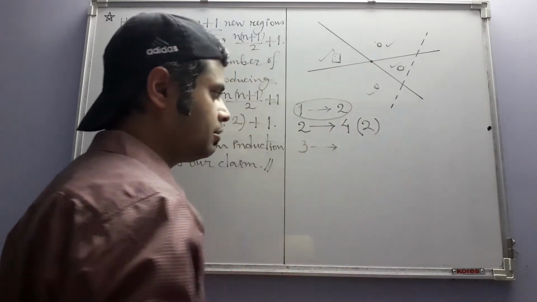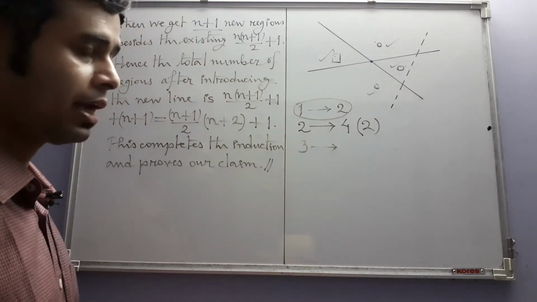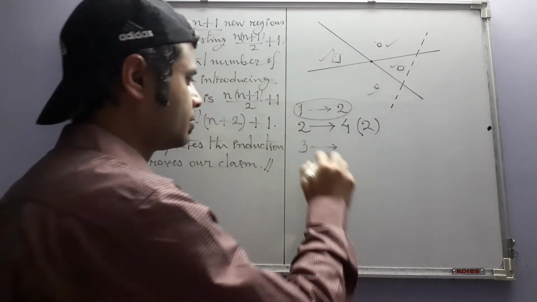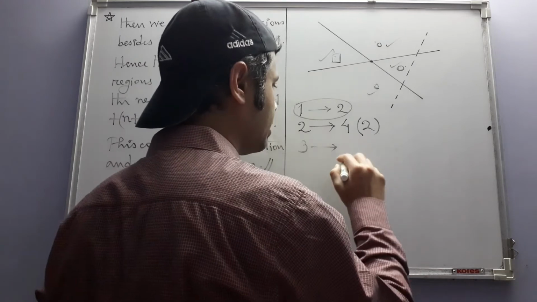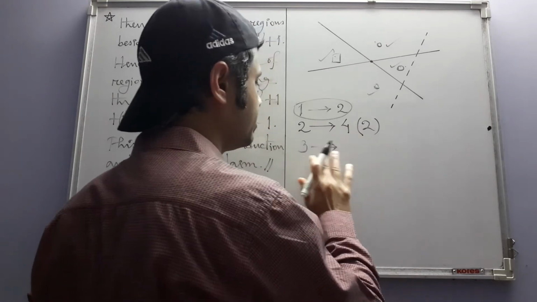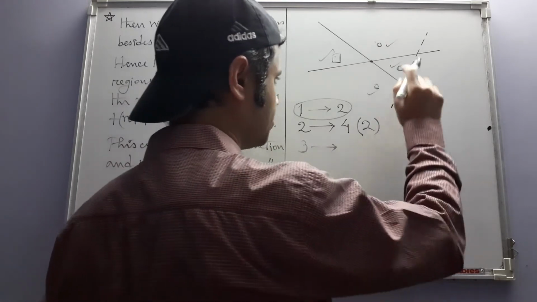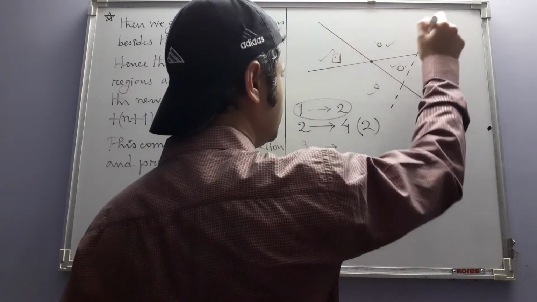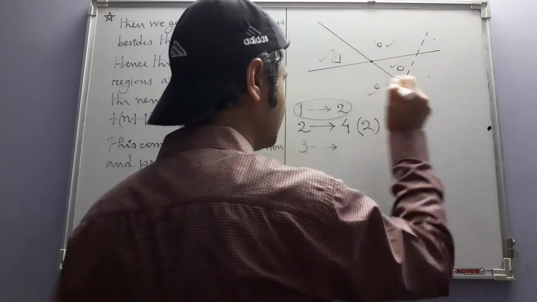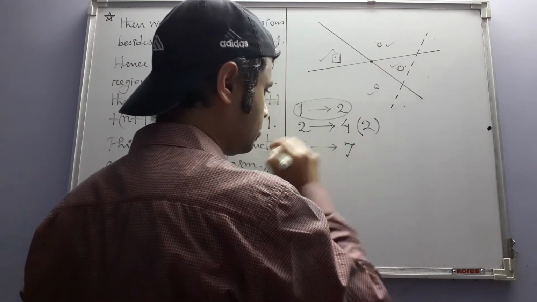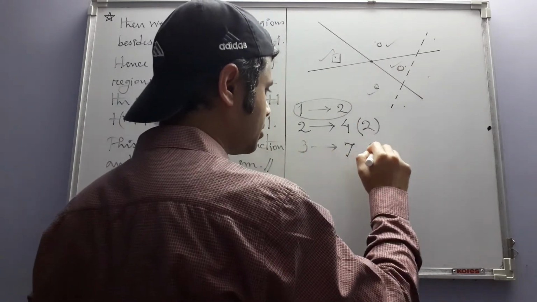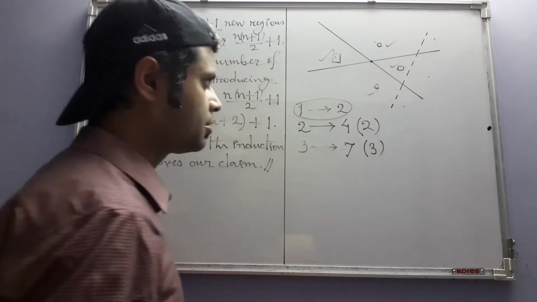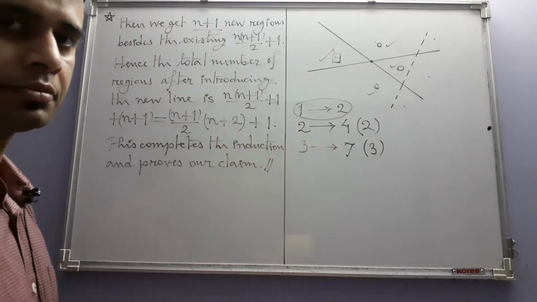So alongside we write the number of affected regions. Introduction of the third line, okay, let us also see how many regions we now have. 1, 2, 3, 4, 5, 6, 7. Here the number of affected regions is 3. Okay.